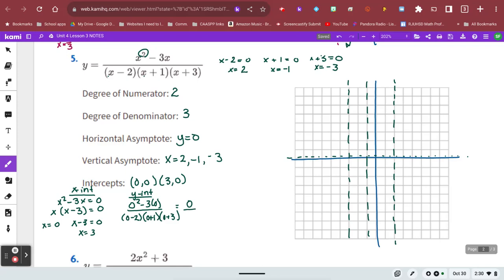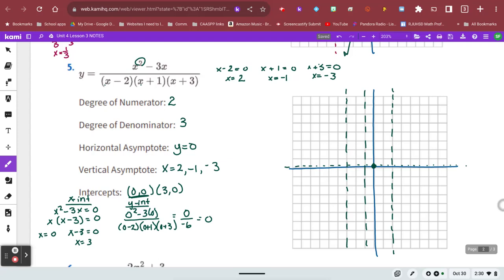And 0 over anything is automatically going to be 0, which is what we have up here. And if you did want to multiply it out, it would get to -6 on the bottom. So here we're crossing at (0, 0). And at (3, 0).